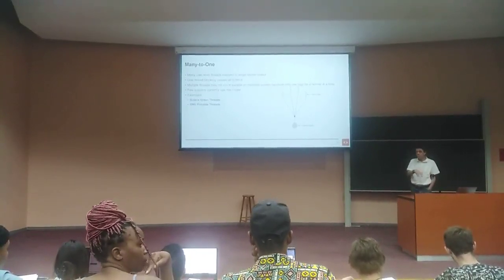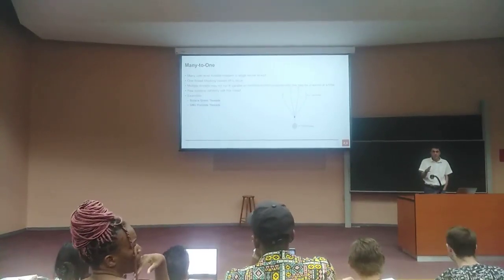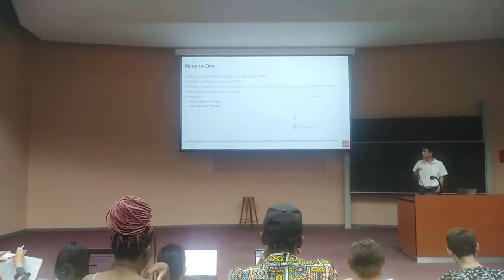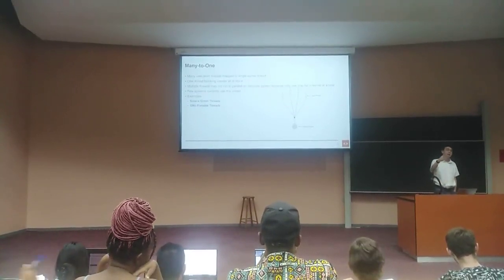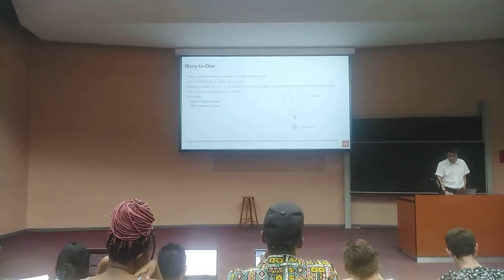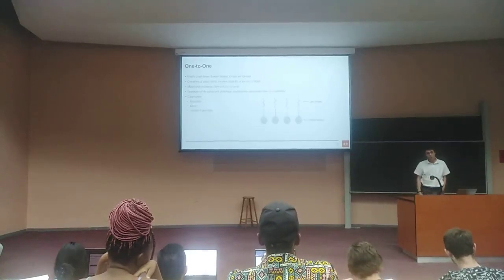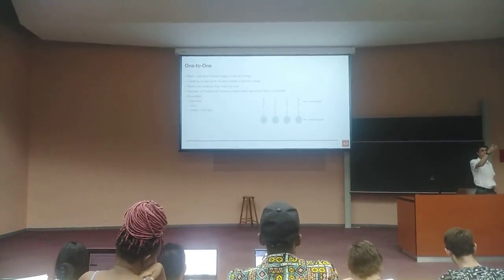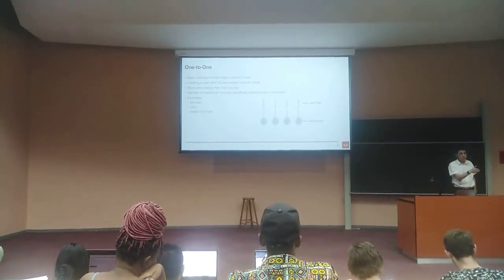So the kernel scheduler, for instance, does not know about these multiple user-level threads, but the user-level threads can be easily scheduled by the runtime that they're in. Then you get the one-to-one model, and there we have a direct association between a user-level thread and a kernel-level thread.